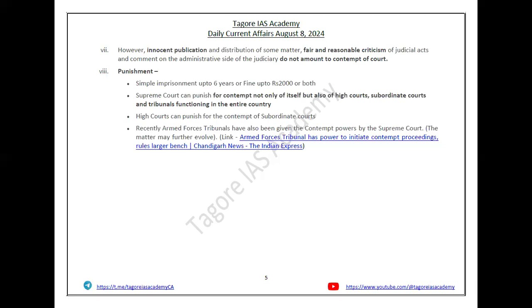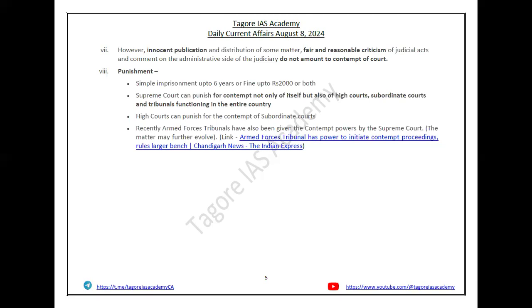But now, just last week, the Supreme Court has ruled that the AFT does have contempt powers. And now, if the AFT gives any judgment and it is not complied with, contempt proceedings can be initiated against the erring individual.